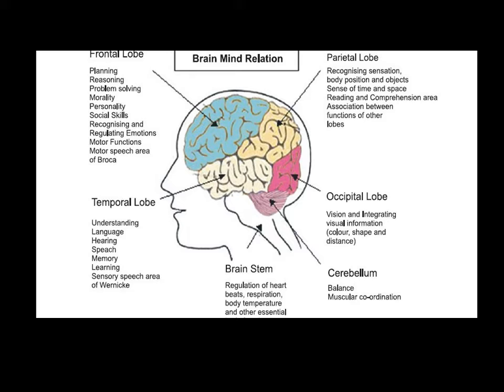The occipital lobe is primarily responsible for vision and visual information, where the cerebellum is responsible for balance and muscular coordination. The brainstem regulates heartbeat, respiration, body temperature, and other essential functions.